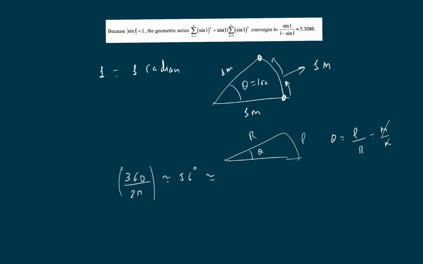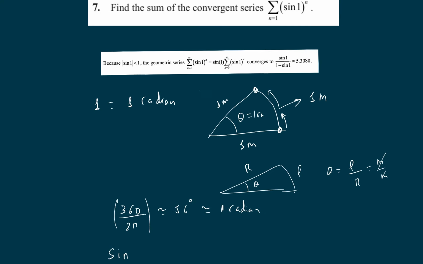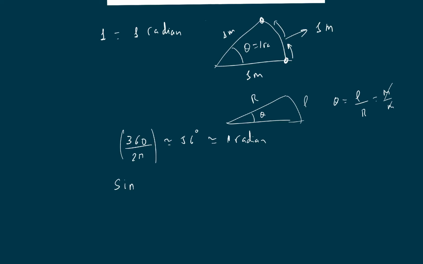This is approximately 1 radian. Okay, so we have sine of 1. The problem says, find the sum of the convergent series sine of 1 to the n. So it's sine of about 56 degrees, which is positive.